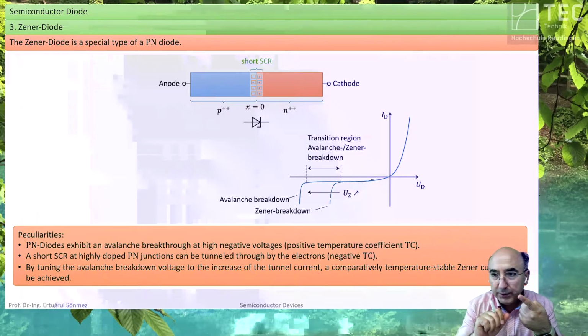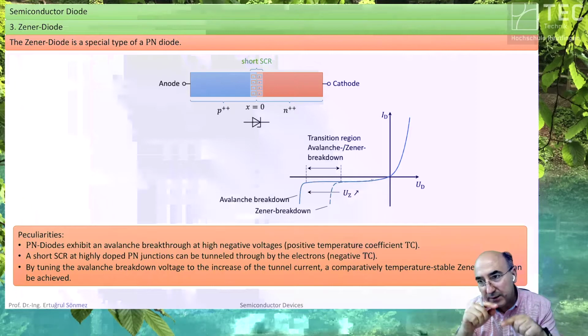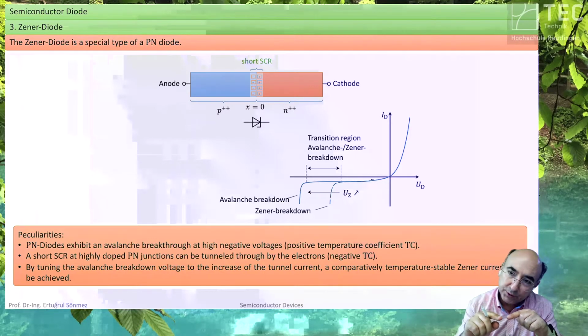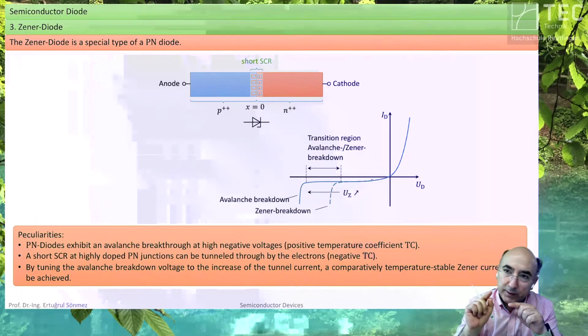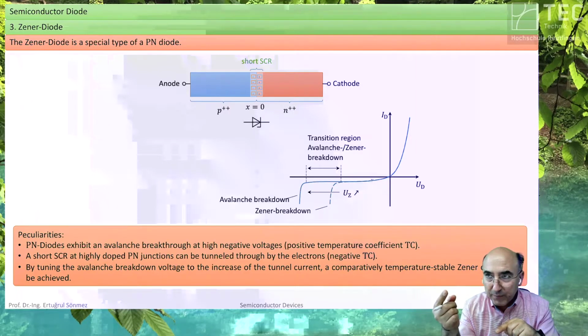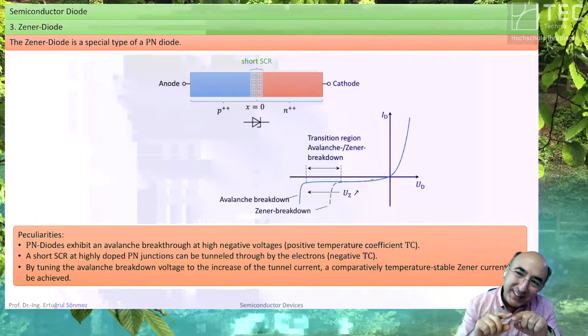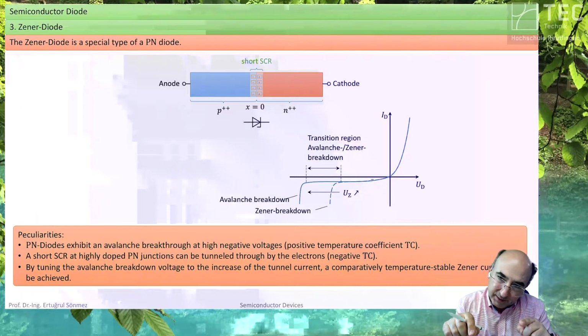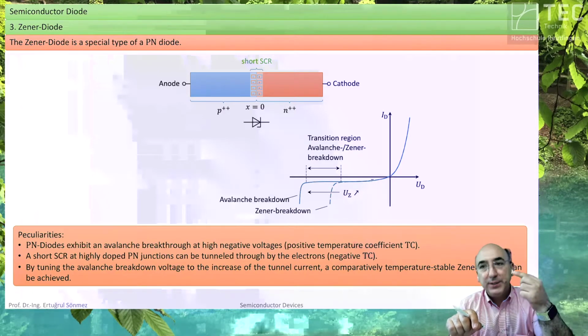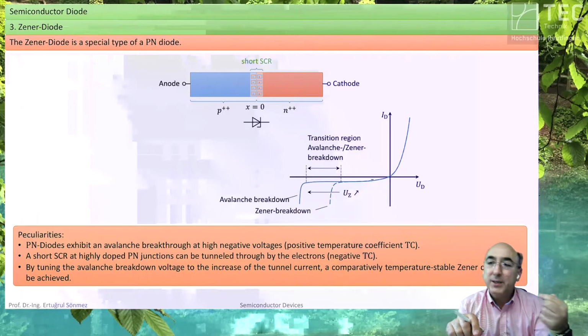The avalanche breakdown voltage has a negative temperature coefficient. Increasing temperature, lower value. The tunneling current has a positive coefficient with increasing, oops, vice versa. For the tunneling current you need, with increasing temperature, lower voltages, and for the avalanche you need, with increasing temperature, higher voltages.